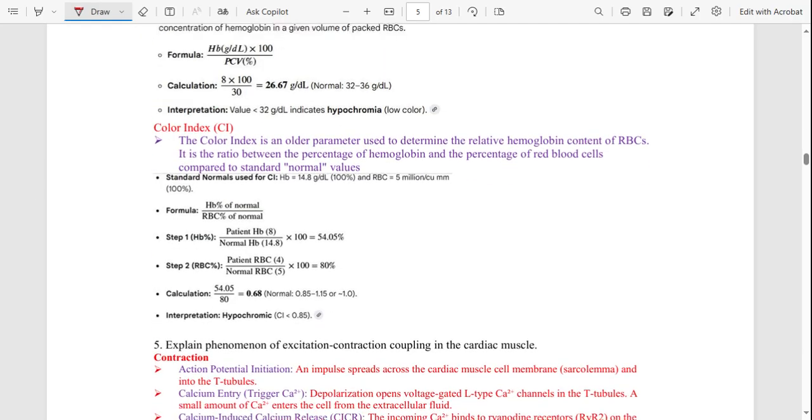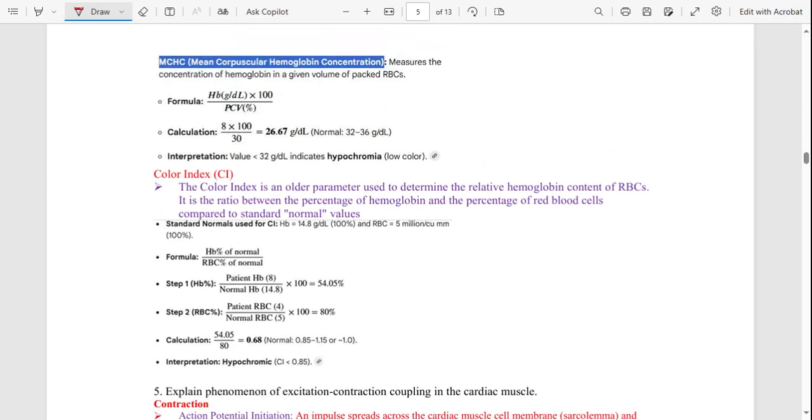Another blood index, which is not normally used but is also part of them, is the color index. Color index is found by the percentage of hemoglobin divided by the percentage of the red cells, times 100%.